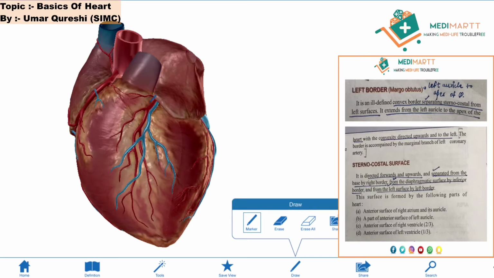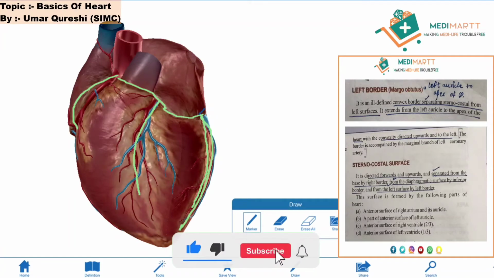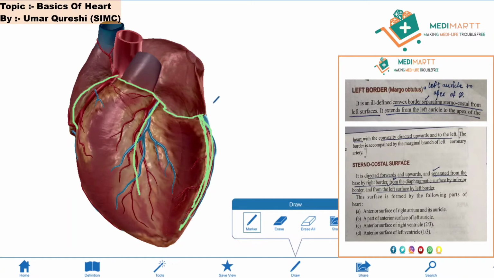As we all know, there are two main coronary arteries, as we have discussed in our previous videos: the right coronary artery and the left coronary artery. A branch of the left coronary artery comes over here, and it distributes just like that. So as this is the left border, the left coronary artery accompanies this left border, meaning the marginal branch.